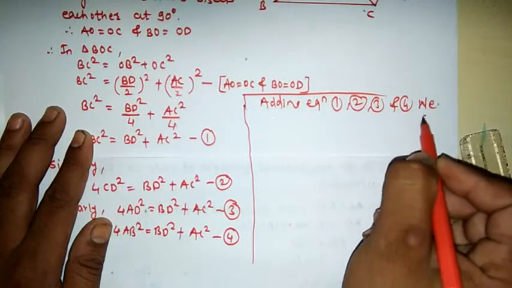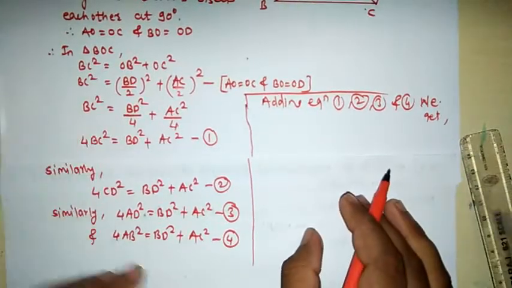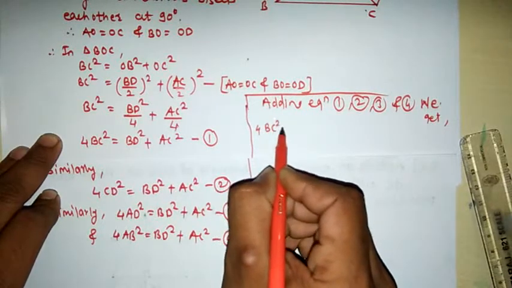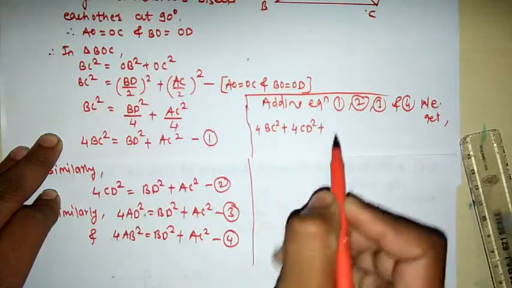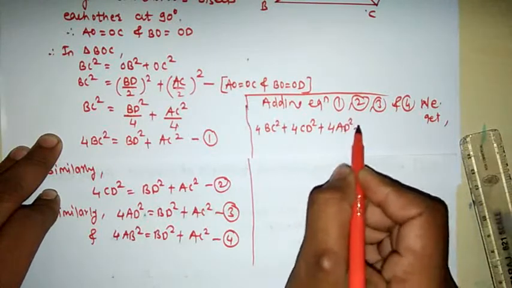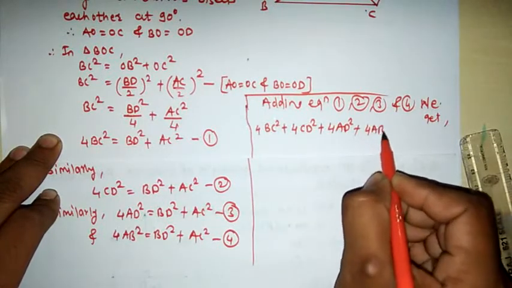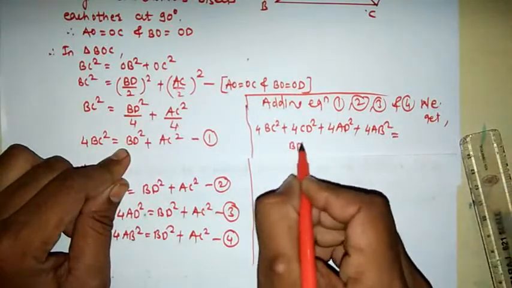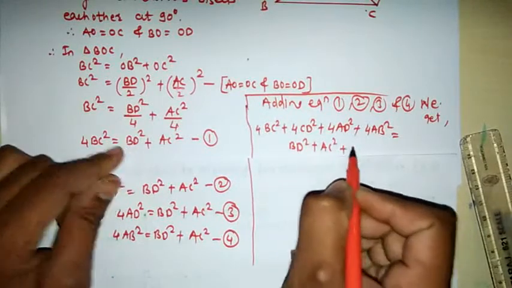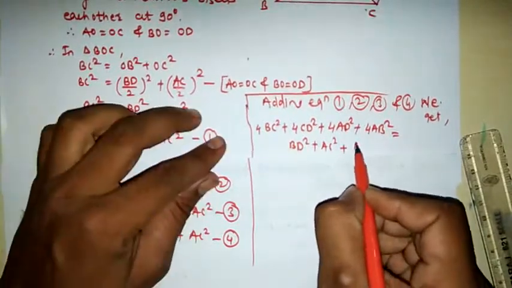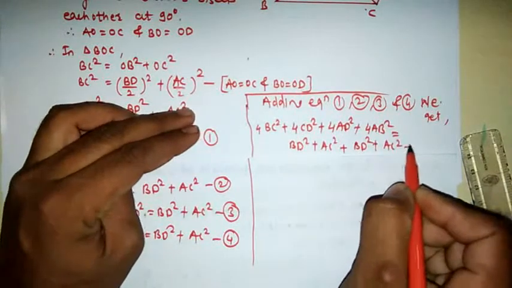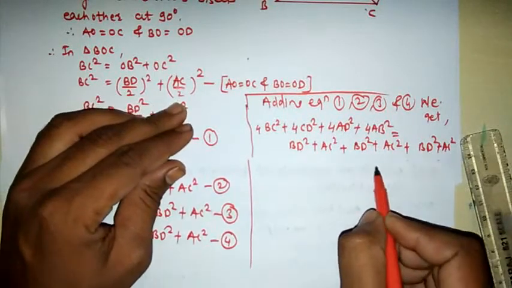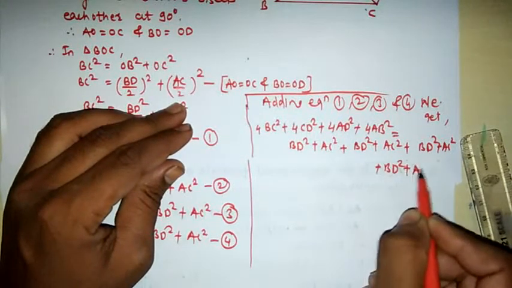After adding all these equations, what will we get? 4 times BC square plus 4 times CD square plus 4 times AD square plus 4 times AB square is equal to, we have to add all these things, that is BD square plus AC square, again BD square plus AC square, and so on.